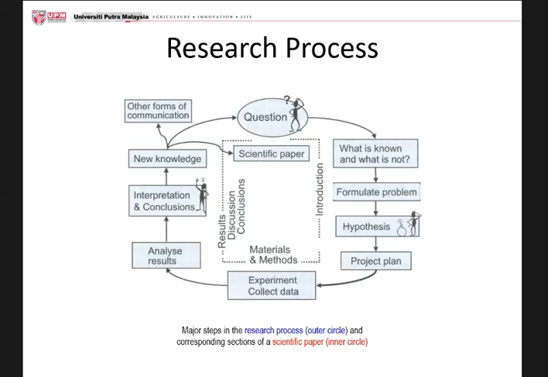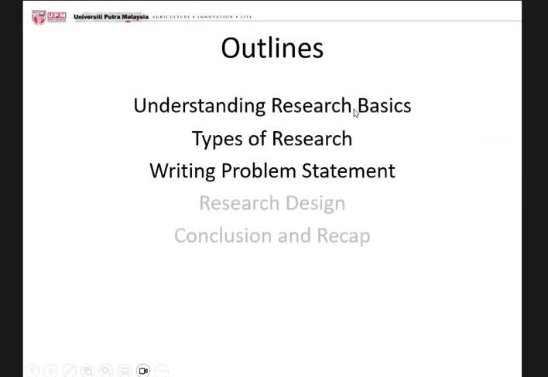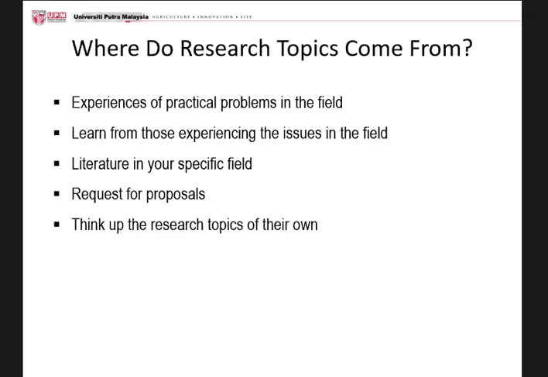And this comes from reading some knowledge, some materials. Once you have the question, you look at what is known and what is not, and then formulate the problem. So this part here will be the problem statement, a requirement for you to have. Next, we look at writing the problem statement.